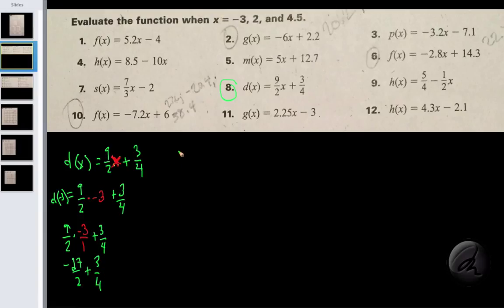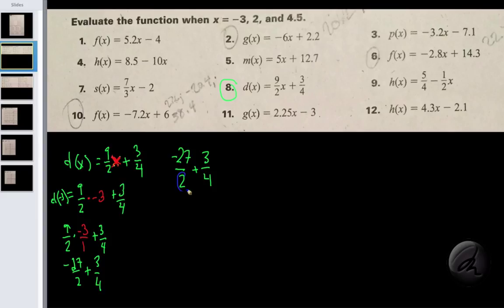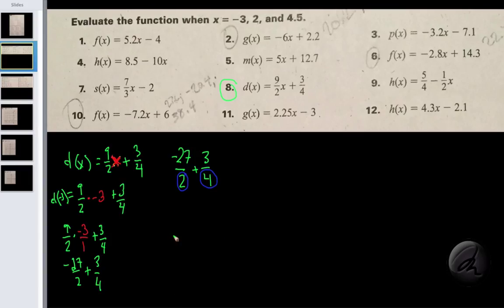Let me rewrite this over here so I can continue working on that. So -27 over 2 plus 3 over 4. I can't add these fractions because I have different denominators, so I need a common denominator, and for this particular problem that common denominator would be 4.